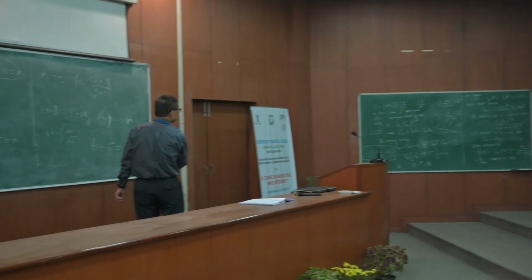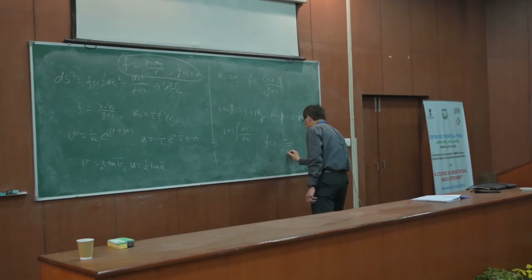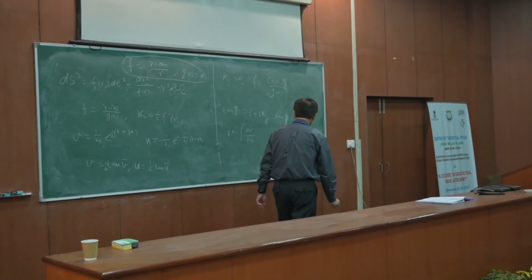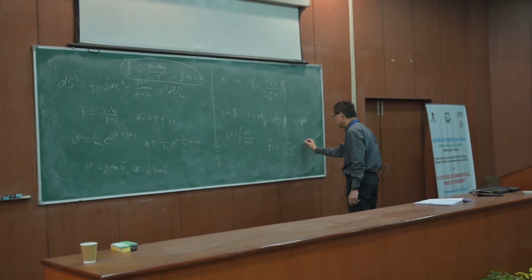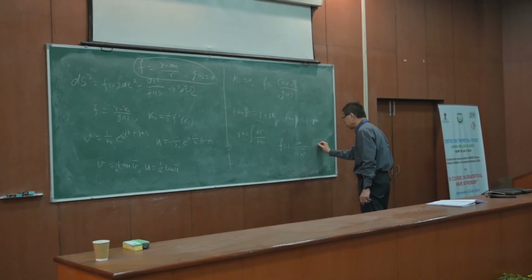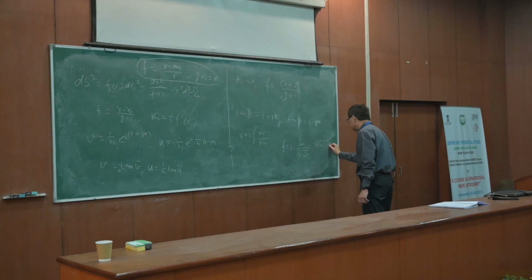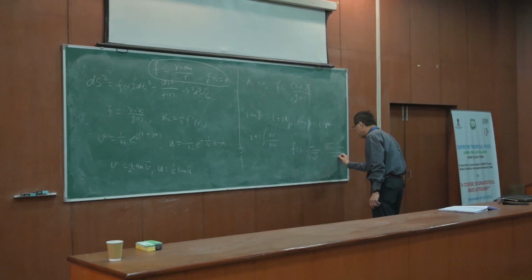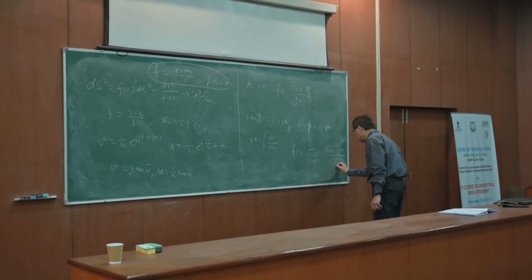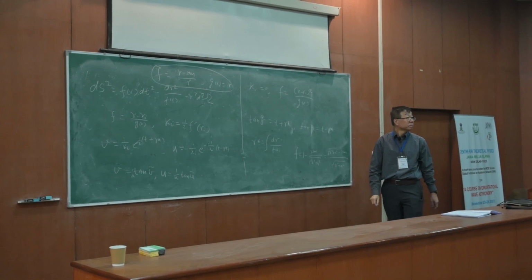Let's see, this actually, you can see my F equal 1 minus 2m over square root of r square plus a square, right? So you can see now I have actually r square plus a square minus 2m square root of r square plus a square, right?